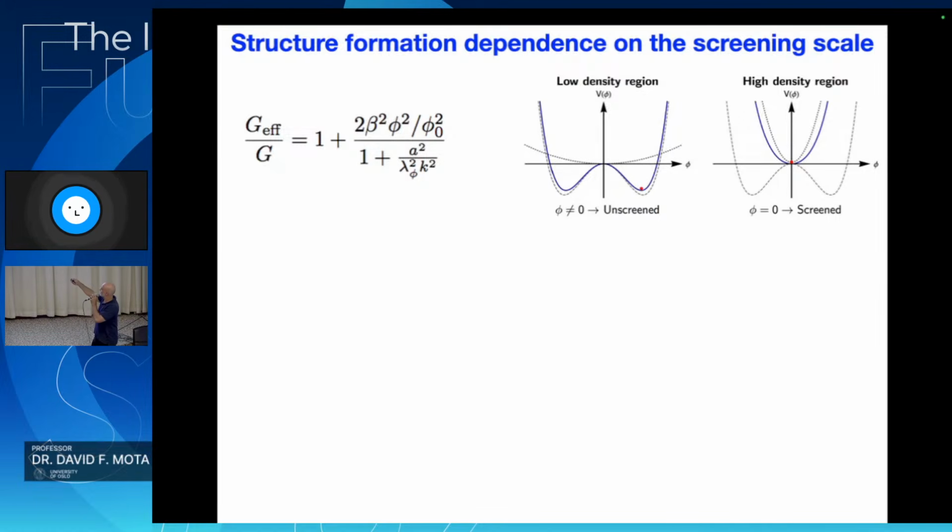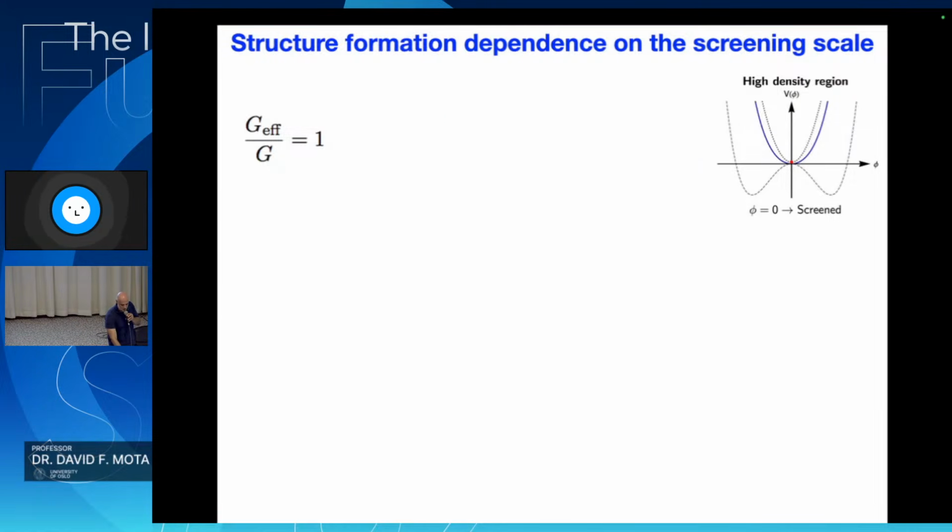So it depends on the value of my symmetron field, because the symmetron is going to be here when it is unscreened, and it depends on the mass or the range of the symmetron. G is equal to 1 when the symmetron sits in the minima, in a high density early universe, for instance, where the density of the universe is very high.